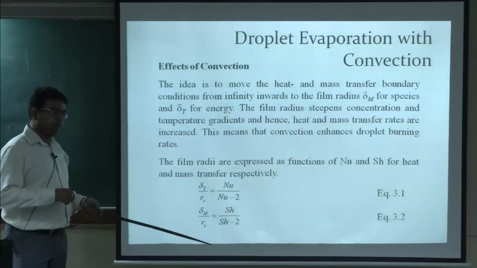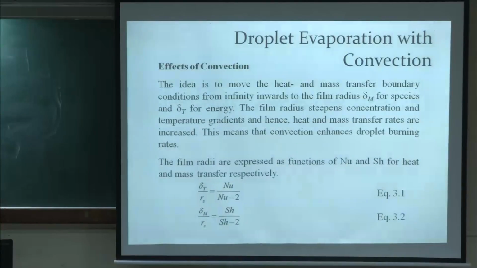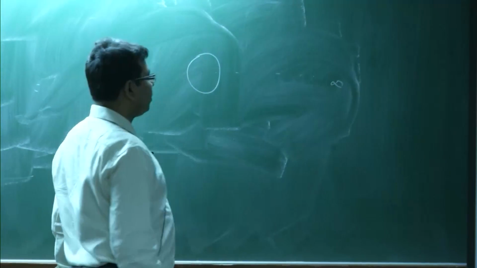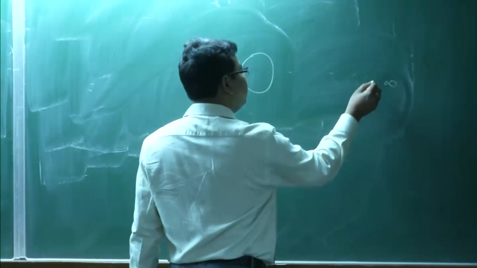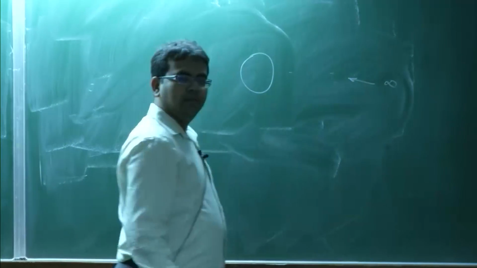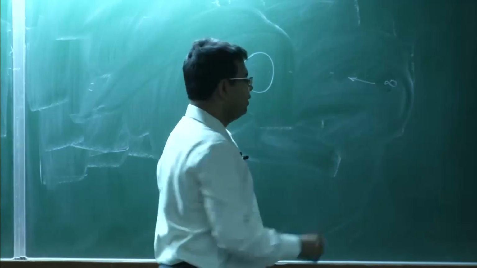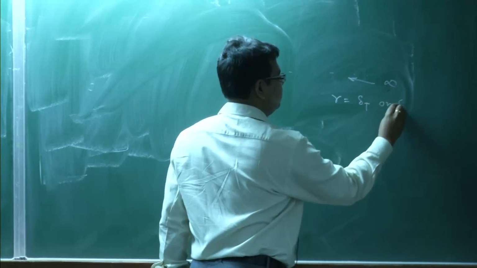Initially what we did, we placed the boundary. This is the droplet, and infinity is quite far from the droplet. Now when there is a convection around the droplet, this infinity is shifting towards the droplet, and now it is not at infinity, it is occurring at r equal to delta t or delta m.